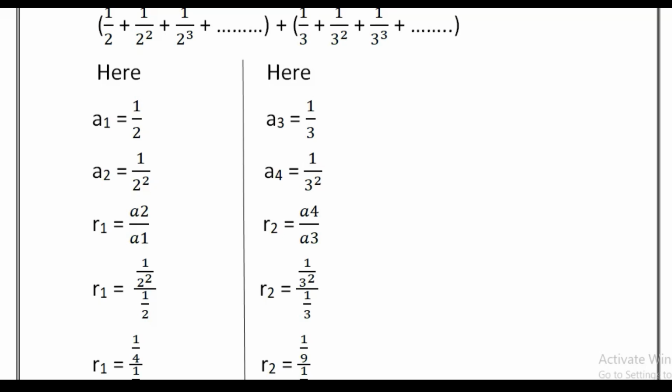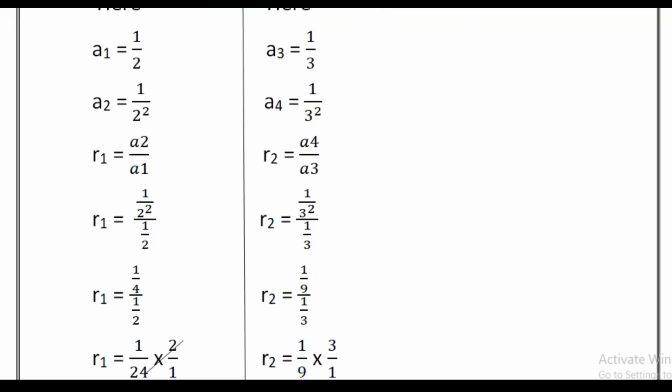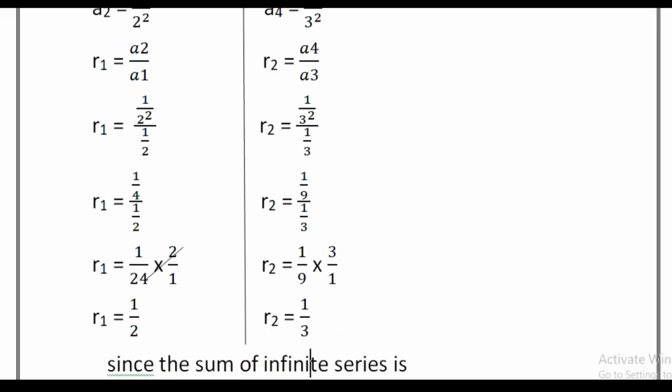So 1 divided by 3 square can also be written in the form of 1 divided by 9 divided by 1 divided by 3. So R2 is equal to 1 divided by 3 times the reciprocal, 3 divided by 1, 3 over 9. So R2 is equal to 1 divided by 3.